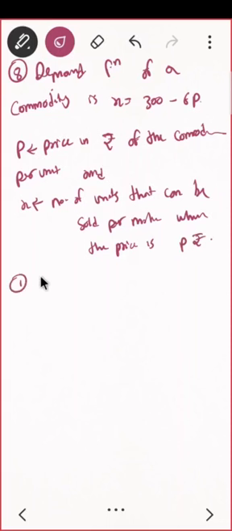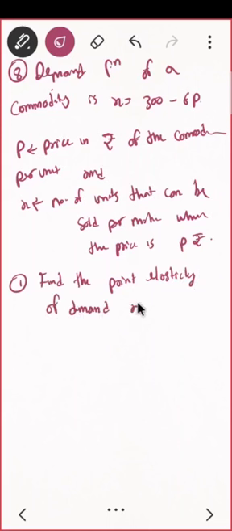First thing, find the point elasticity of demand as a function of p.